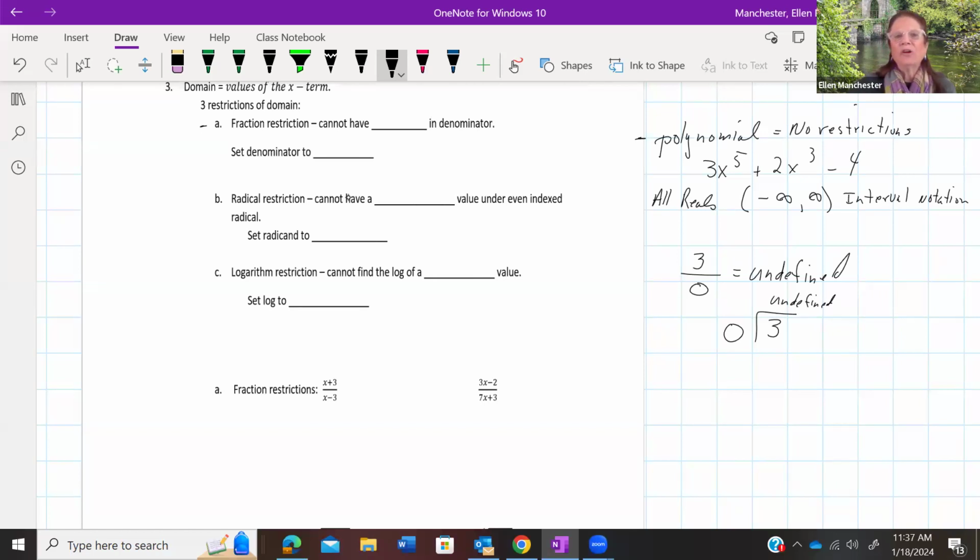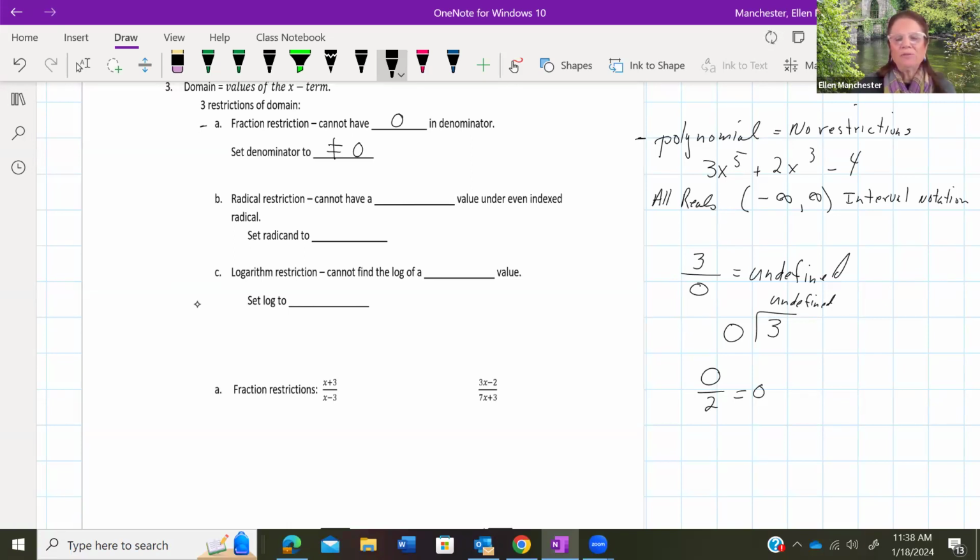All right. So with the restrictions, you cannot have 0 in the denominator, because that makes it undefined. I can have 0 in the numerator. That's not an issue. If I had 0 over 2, that just equals 0. So the numerator is fine. It's only the denominator that you have to worry about. So what you're going to do is set the denominator to not equal 0.